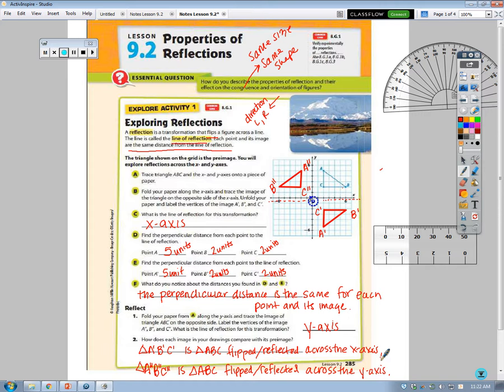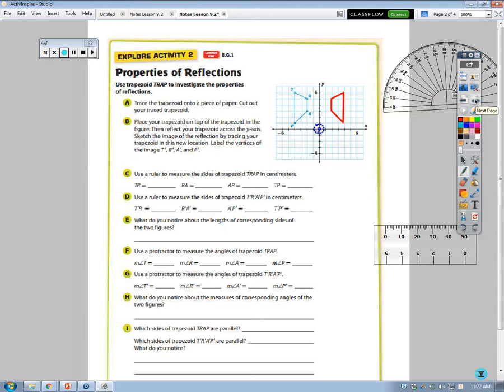Let's go ahead and take a look at Explore Activity 2 on the next page. So we are looking at properties of reflections. What it wants you to do, again, is trace the trapezoid onto a piece of paper and cut it out, and then you're going to flip it.